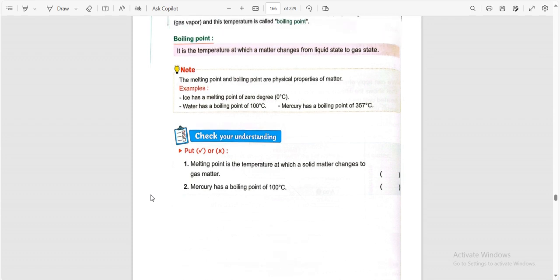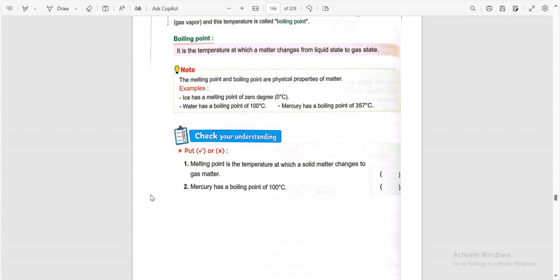A very important thing to know is that the melting point and boiling point for each matter is different. What do we mean by that? Let's take a look at water, for example. Ice has a melting point of 0. So once ice reaches 0 degrees, it becomes liquid, because this is the melting point, or it starts to become liquid.